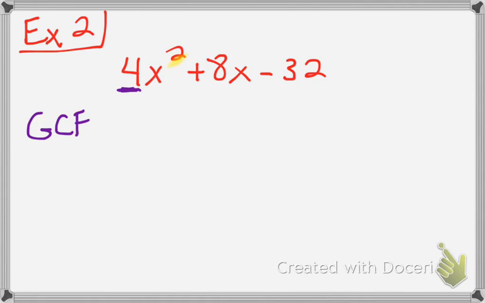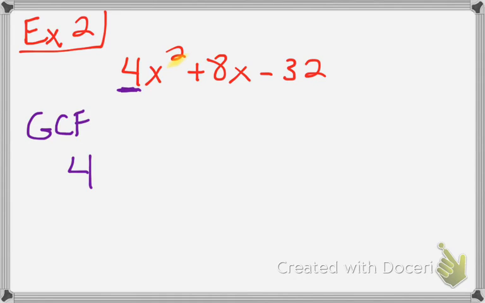So I look at 4 being the smallest number, and that's going to be the largest factor that I could possibly pull out of this expression. Okay? So I'm going to ask myself, does 4 divide 8 evenly? Yes. Does 4 divide 32 evenly? Yes. So 4 is my greatest common factor.